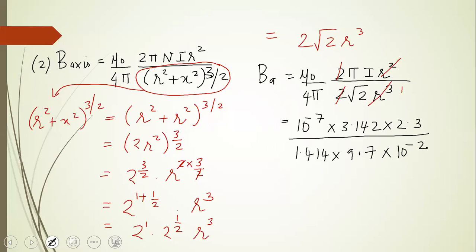So this is where we are coming to, and therefore what we are going to get here is 3.142 into 2.3, and the power will be 10 to the power minus 5. So again we have to calculate this.